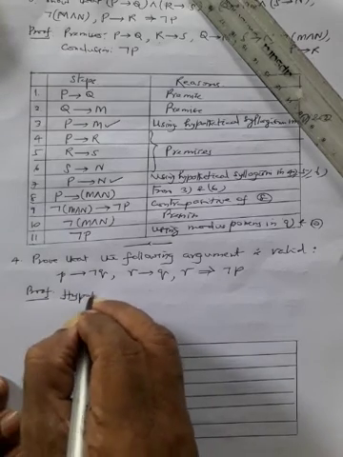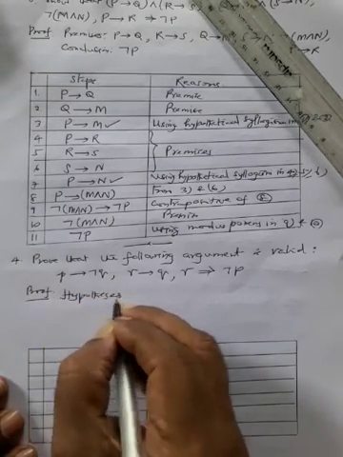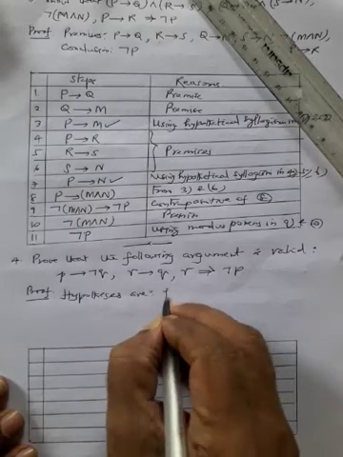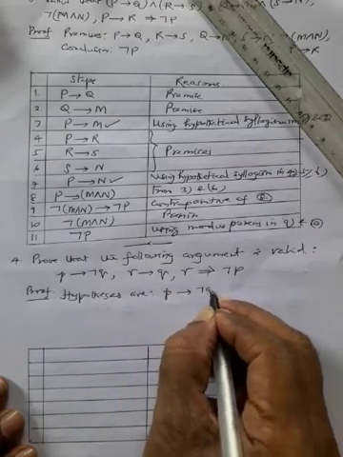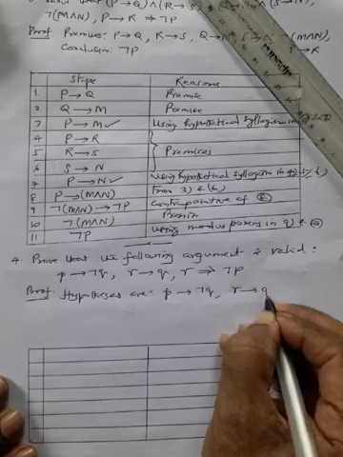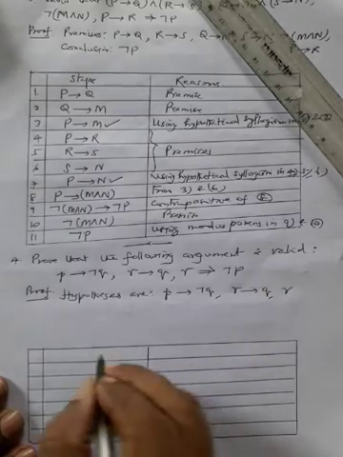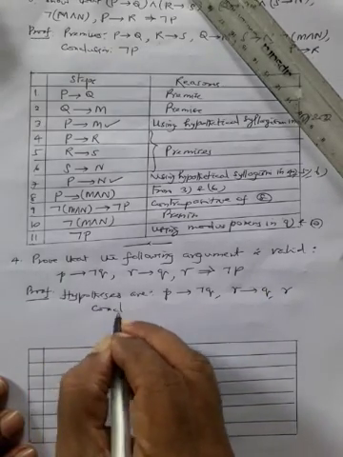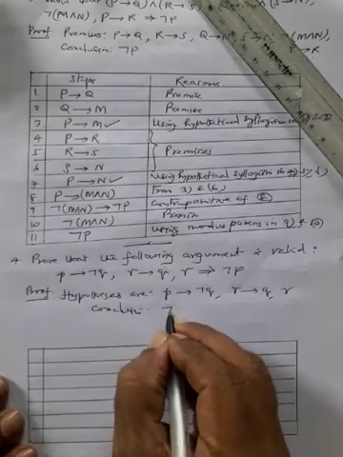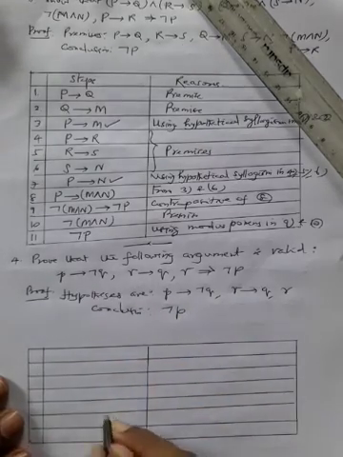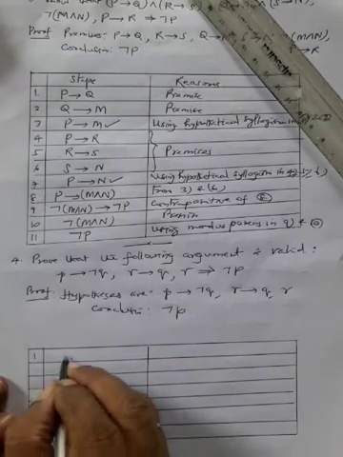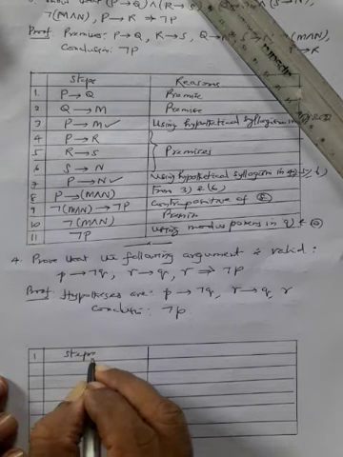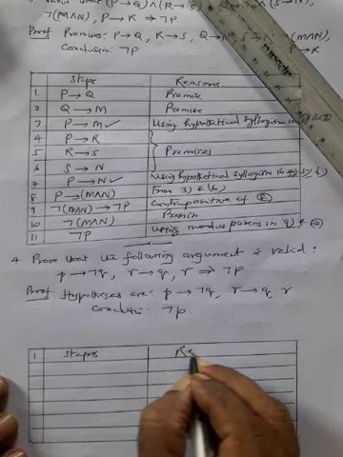Hypothesis or premises: P conditional negation Q, R conditional Q, and the conclusion is negation P. Steps, reasons.